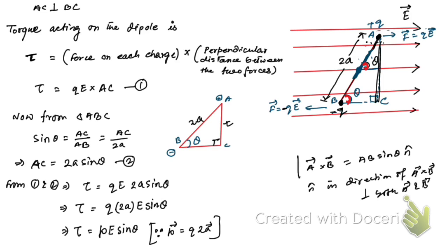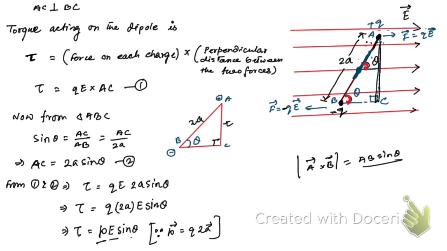Now if you take the magnitude only, then we write AB sin theta. So here we have PE sin theta. That's why we can consider this is the magnitude of P cross E.